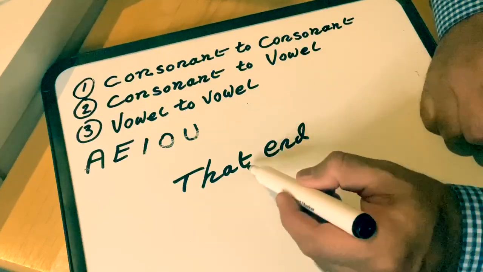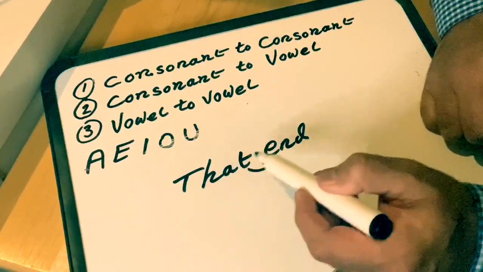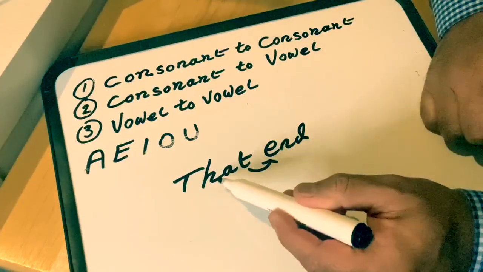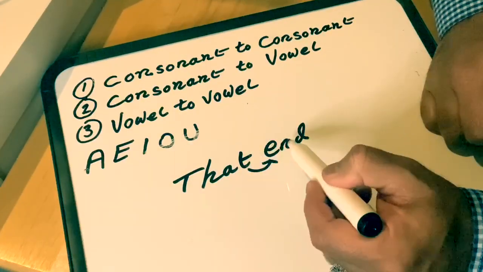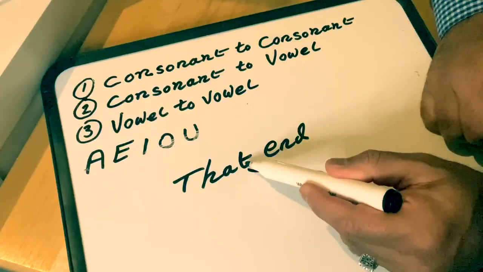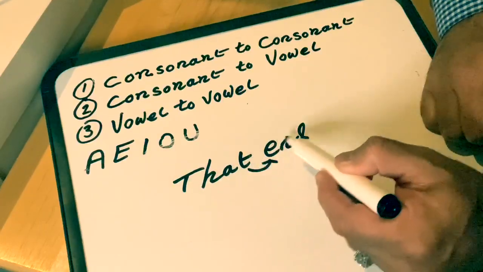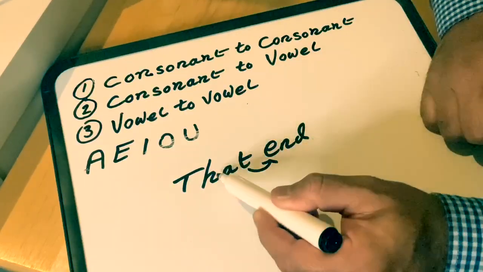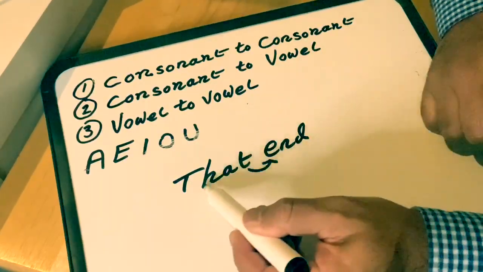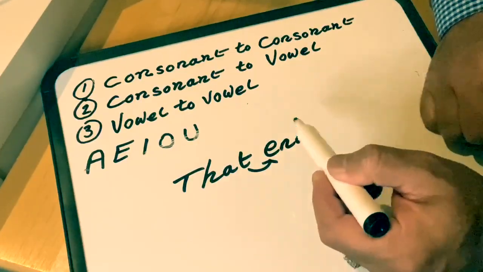What you do is you connect. Instead of saying that end, you say the tend. So you make that T the beginning of the second word, the tend, instead of saying that end. That becomes continuous if you say the tend. Let's look at another one.